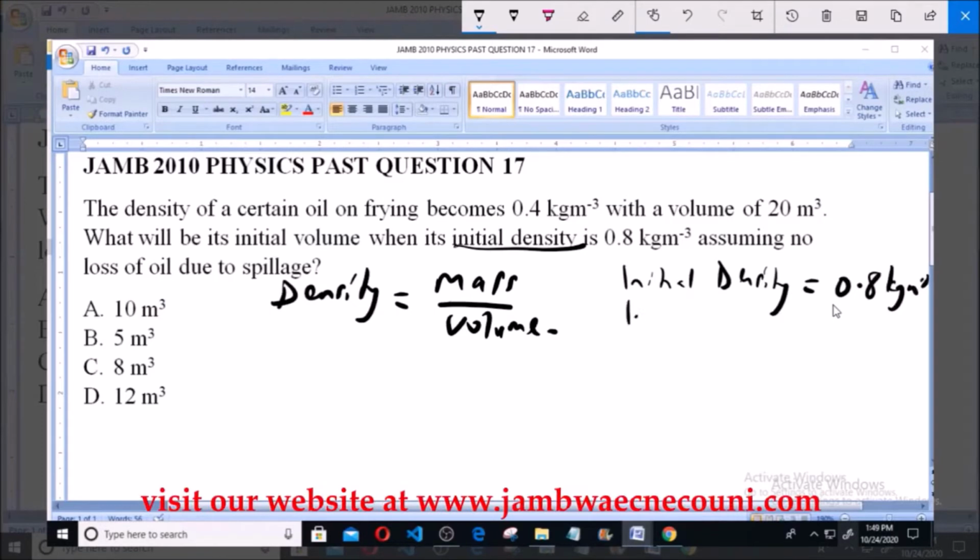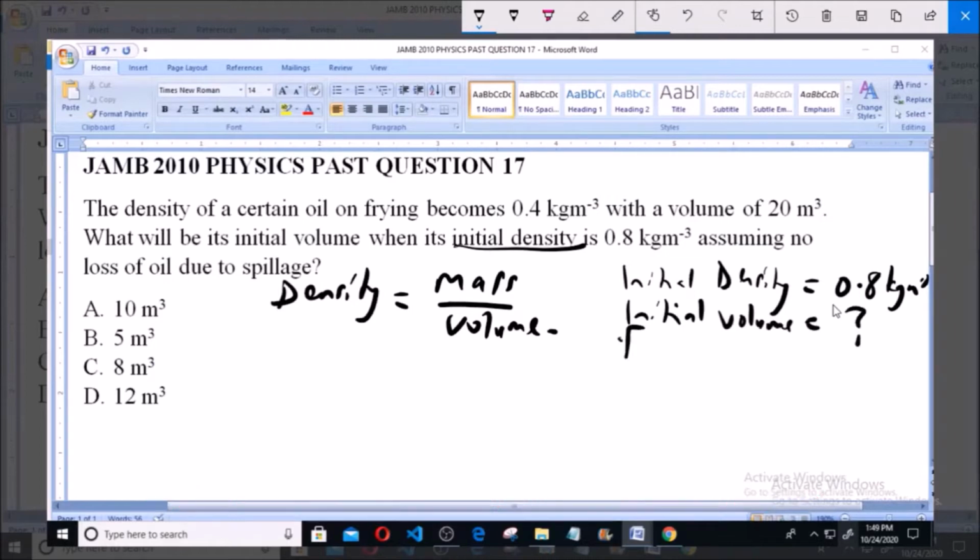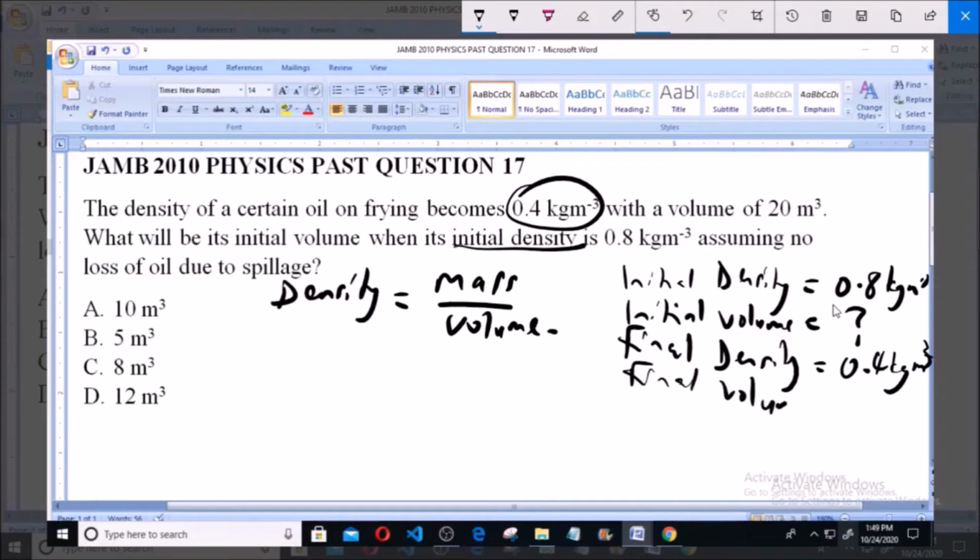You are looking for the initial volume, which is unknown. Then you also have the final density given in the question, 0.4 kg per meter cube. And lastly, you have the final volume given as 20 meter cube.